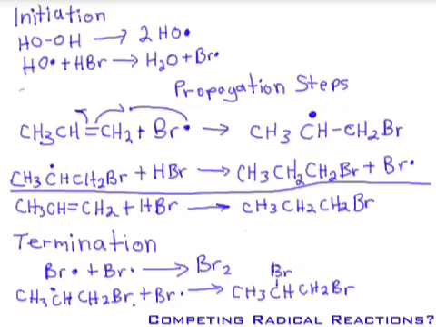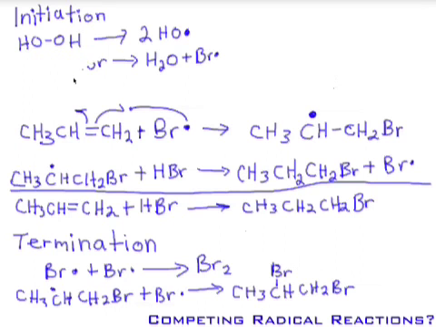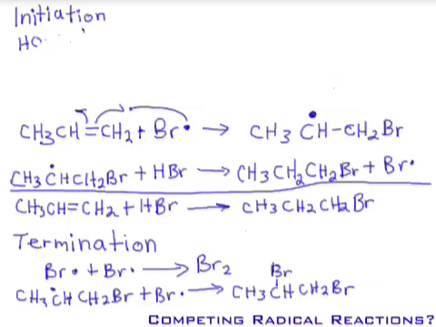Now you might notice something interesting here. I'm going to wipe out the title and the top initiation step. And you might say, wait a second, Dr. Lloyd. I remember some stuff that we covered in resonance. I remember something about allylic groups and allylic positions being relatively reactive because of resonance.